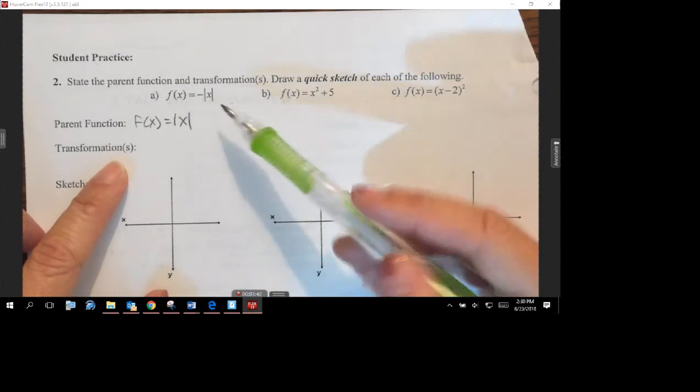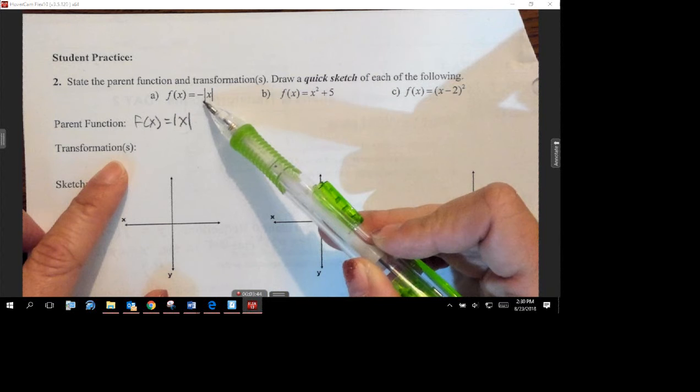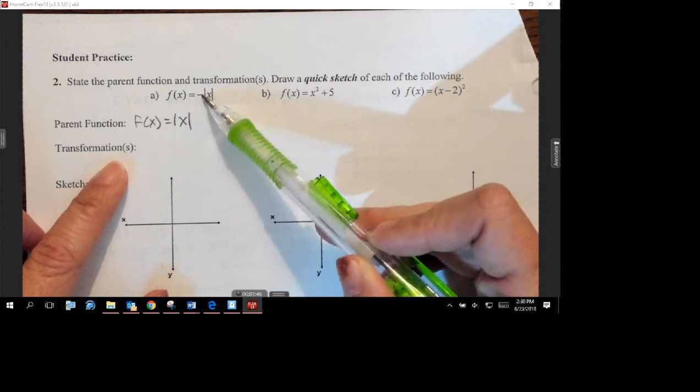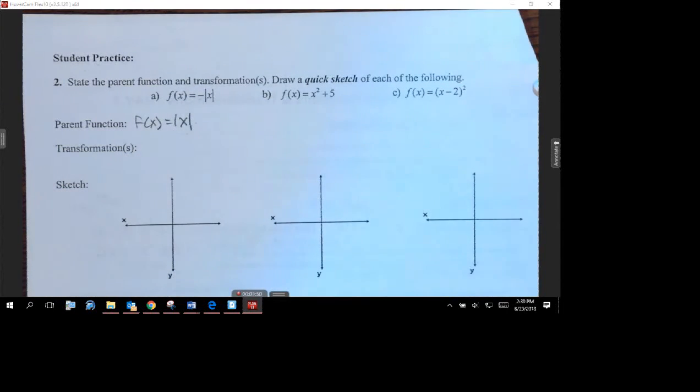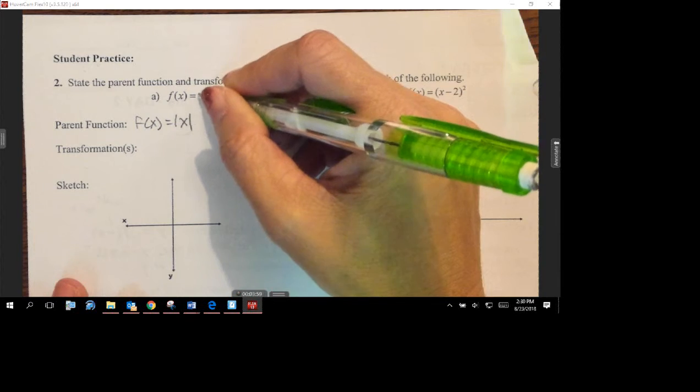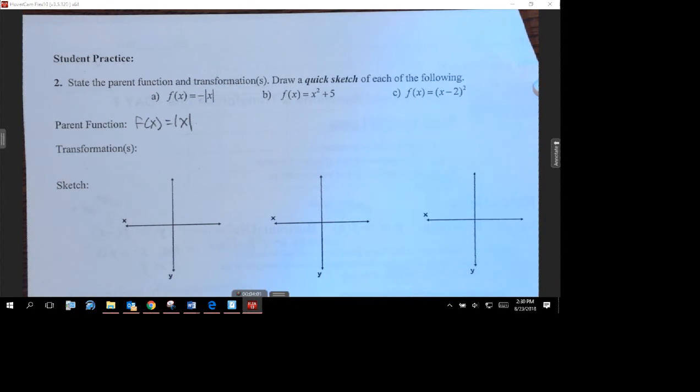Transformation. So we're going to look at from the parent function to the function in A. There's just a negative sign changing it. And where is that negative sign located? Is it outside of the parent function or inside of those bars? Outside. So if it's outside, what's that mean? It's a vertical reflection. But then I need to phrase it correctly.